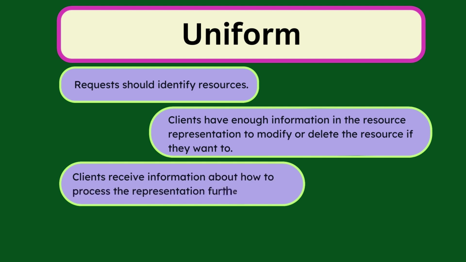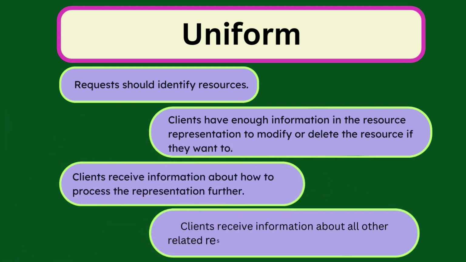The server achieves this by sending self-descriptive messages that contain metadata about how the client can best use them. Clients receive information about all other related resources they need to complete a task. The server achieves this by sending hyperlinks in the representation so that clients can dynamically discover more resources.